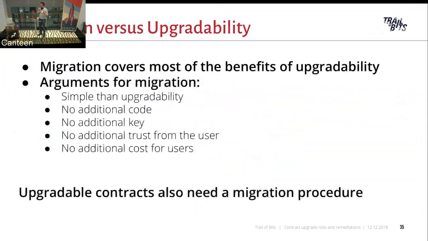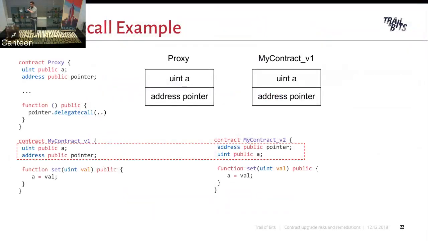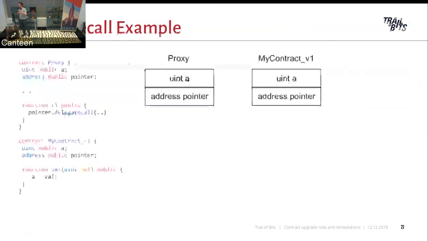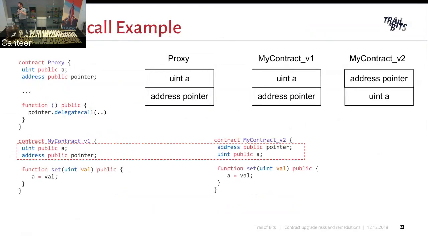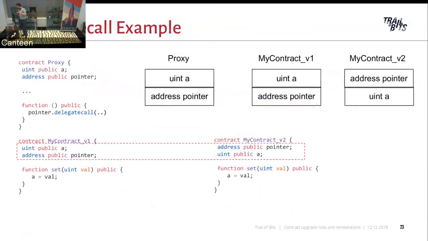So you have two variables in both. This example, right? Okay. So here, at the beginning, you use the proxy contract with my contract version 1. Both follow the same memory layout.